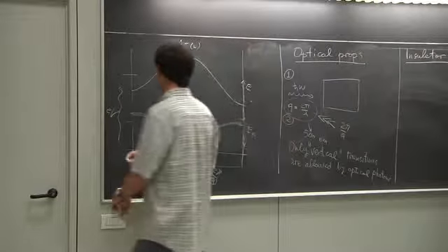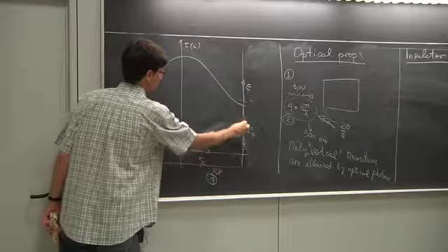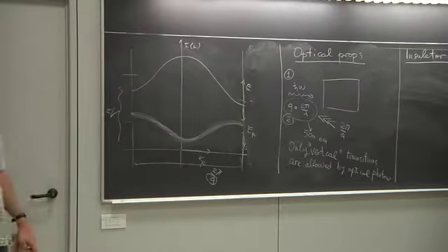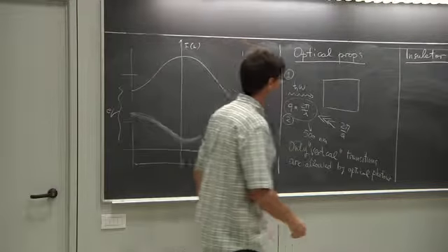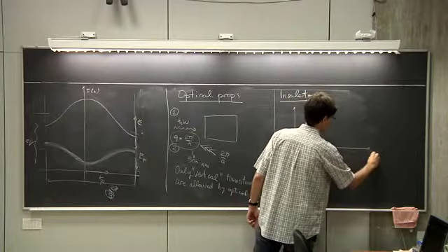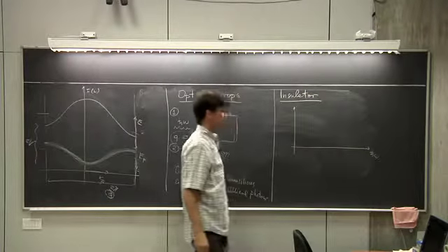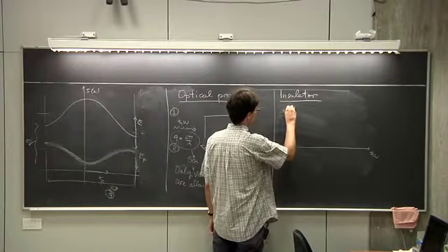Well, in an insulator, for example, I'm filling completely this band, and all the rest is empty. Okay? And what I'm going to do now is to try and plot the absorption coefficient.